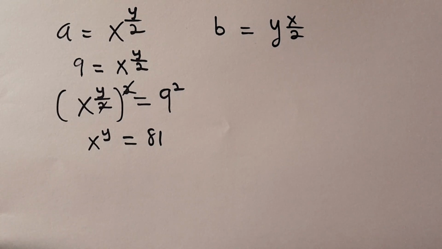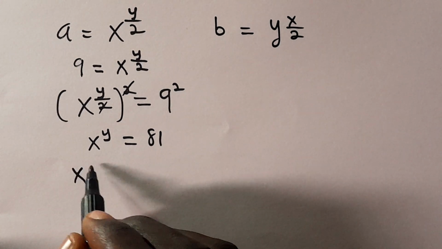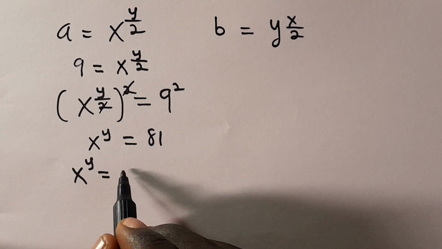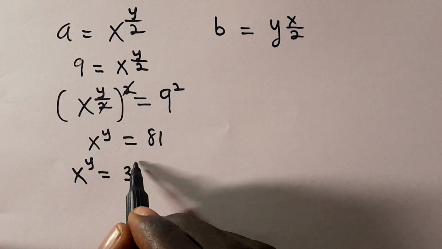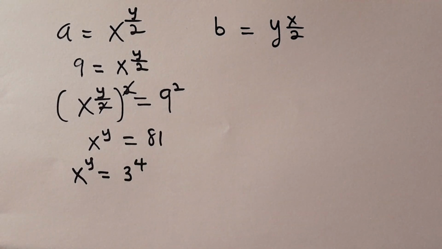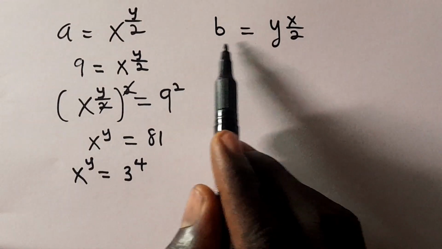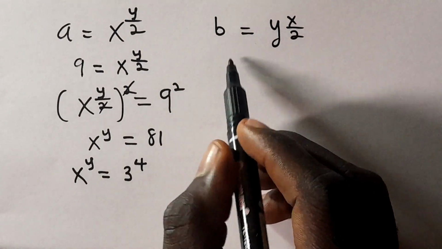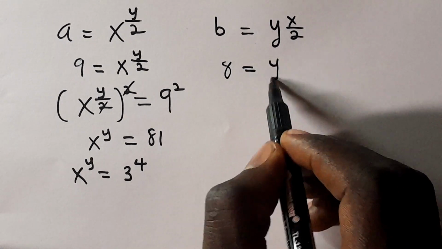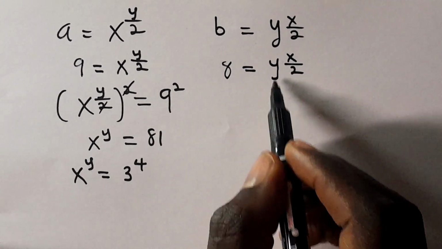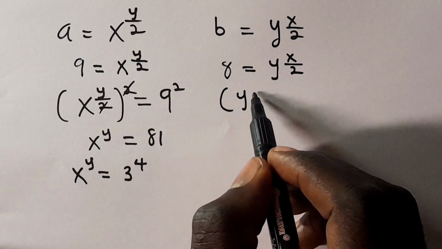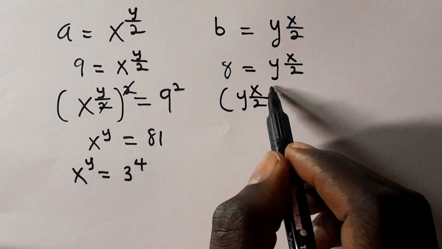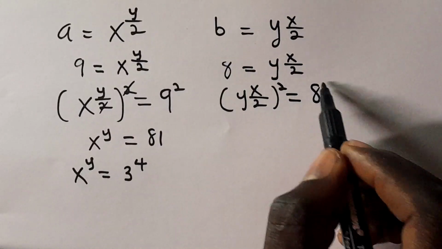So we believe that x raised to power y, this 81 can be simplified or can be written as 3 raised to power 4. Likewise, we have b to be equals y raised to power x divided by 2, but we have our b to be equals 8 will be equals y raised to power x divided by 2. By squaring both sides, we have this to be equals y raised to power x divided by 2 all square will be equals 8 square.